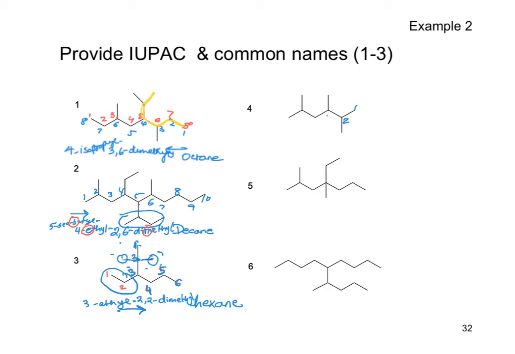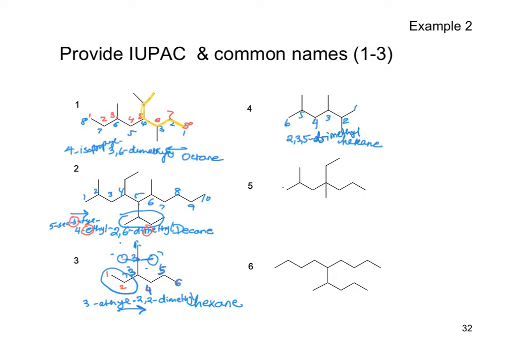Notice for 4, you must number in this direction. So that's a hexane. Position 2, 3, 5 contain the trimethyl groups, and the name becomes 2,3,5-trimethyl hexane.